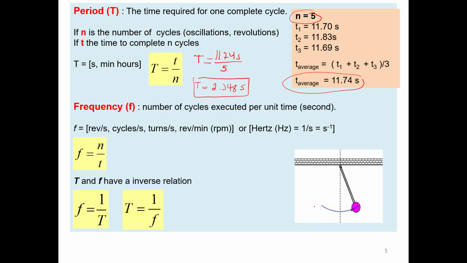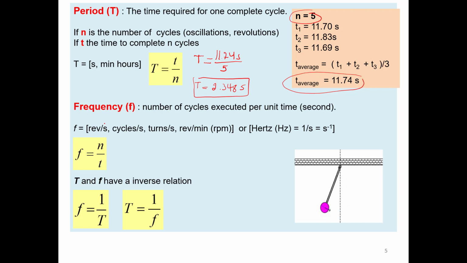We can see the unit for the period, which is a special time, the time for one complete cycle, can be seconds, minutes, hours, any unit of time. Again, we don't need to write seconds per cycle because we know the period is for one cycle.